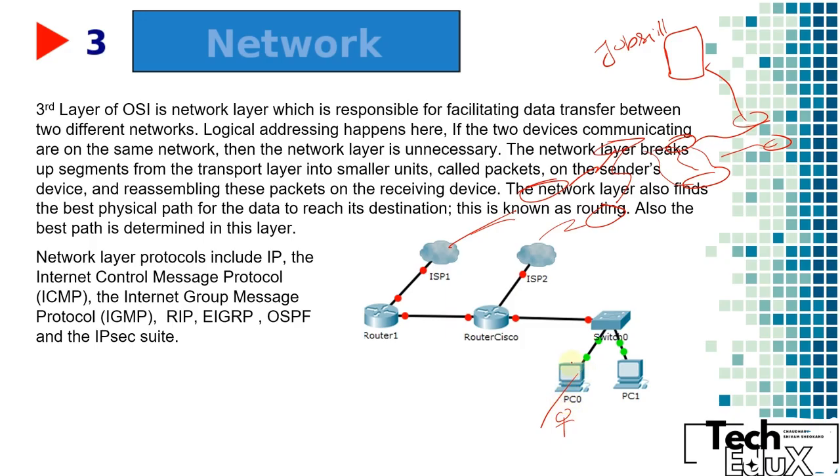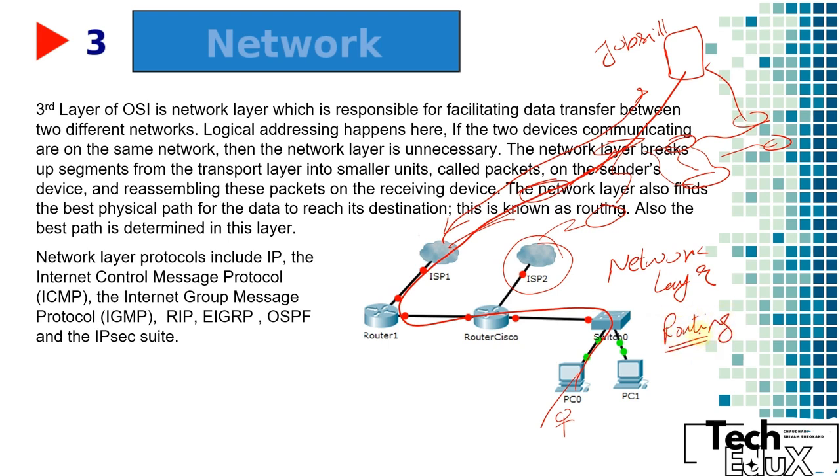As soon as they hit enter, the information will be sent to these routers first. Now these routers have to decide on the basis of the best path. Maybe the path via ISP1 is much shorter compared to ISP2. So that is why the path will be followed this way to reach the destination. All of this happens at the network layer, where we are talking about the best physical path to reach the destination. And this is called routing.